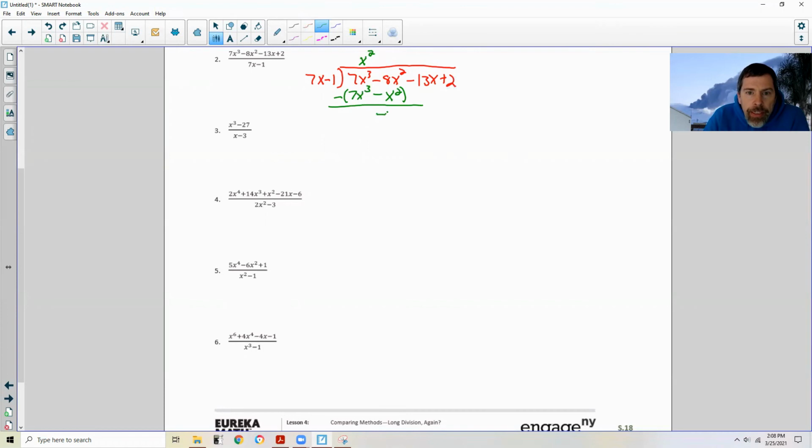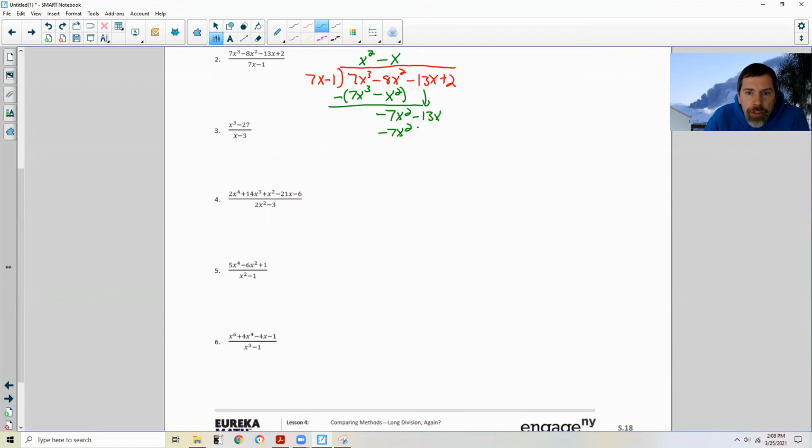That would give us negative 7. Oops, I forgot my 7. Negative 7x squared. Bring down our minus 13x. Negative 7x squared, that will be a negative x. Negative times a positive is negative. X times 7x is negative 7x squared.